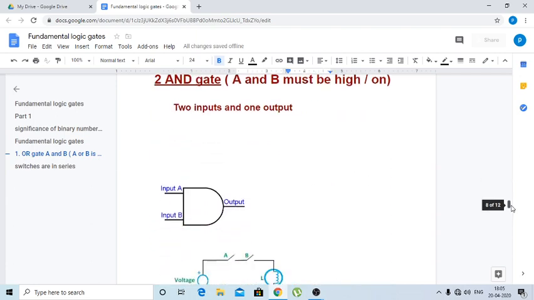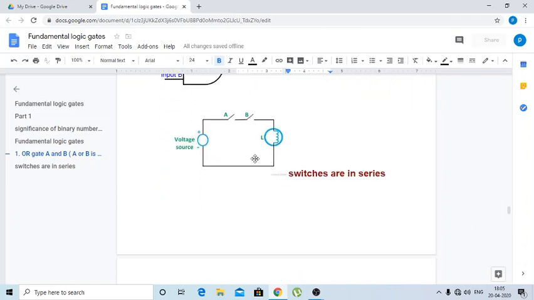And coming to the second circuit, AND gate. A and B should be high for getting output high. There should be 1 when the output is 1. Then only the electric bulb glows. This is the symbol of the AND gate, and the two switches are connected in series to each other.